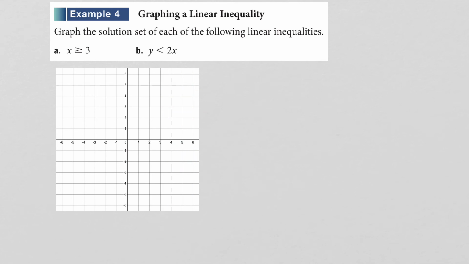In the second one, we have y is less than 2x. So to graph these points, first let's think about what does the line y equals 2x look like. So a little review here. Think of y equals 2x plus 0. 2 is the slope of the line, and 0 is the y-intercept of the line.